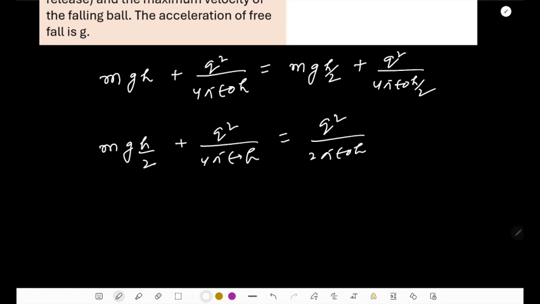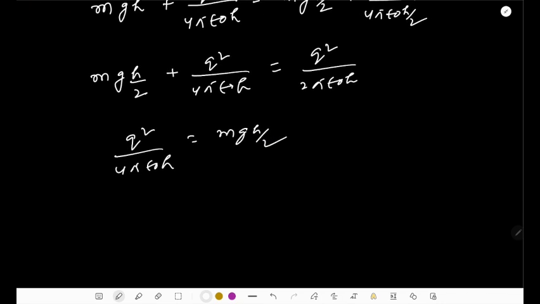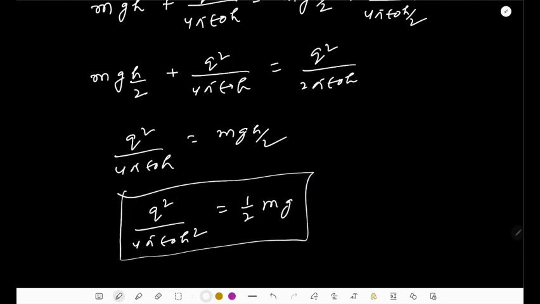After making manipulations, we get q square by 4 pi epsilon naught h will be equal to mgh by 2. That means we finally got q square by 4 pi epsilon naught h square, and that is going to be half mg. We will need this relation.